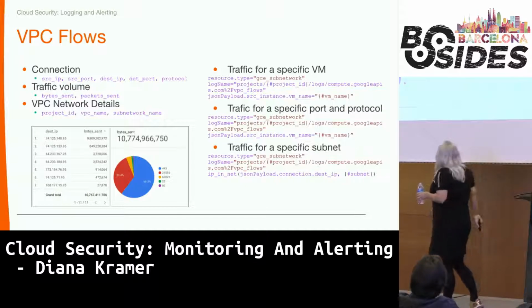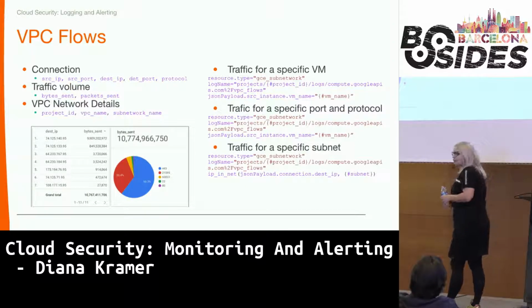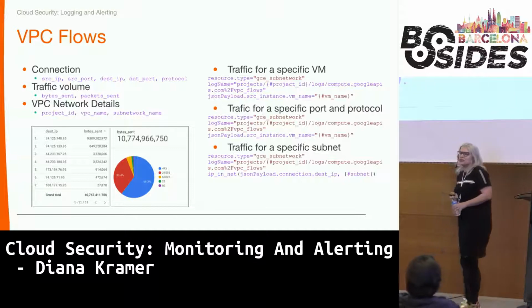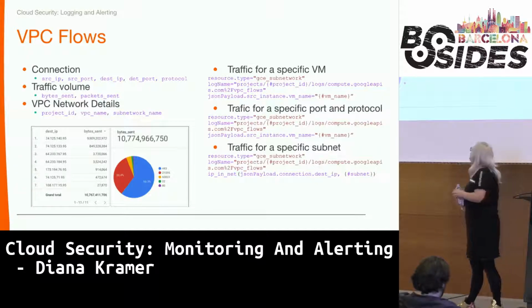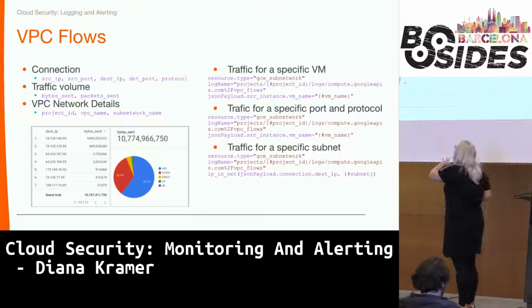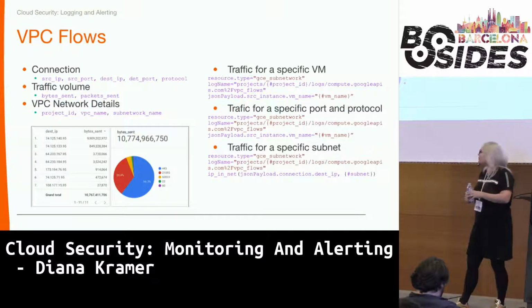And here is another busy slide with VPC flows, and VPC flows are like the flows we're used to on-prem. You can have the 5-tuple with source IP and destination IP, source port and destination port, and protocol, plus volume information.